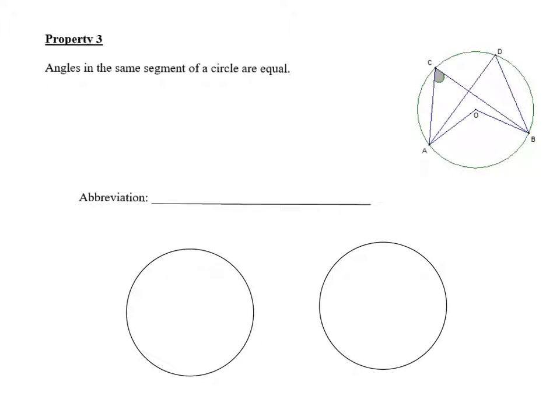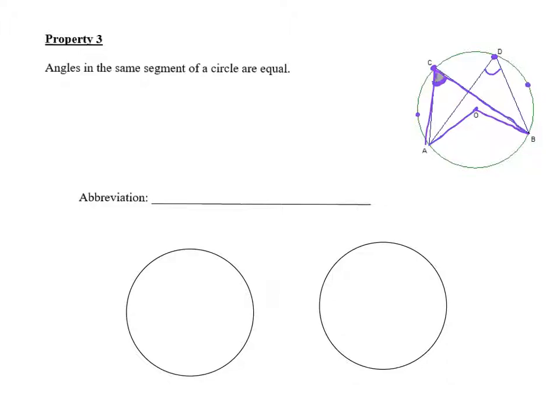Now we have learned from our first property, property number 1, that the angle at the center is always twice the angle at the circumference. Correct? So now if we were to have this angle over here, recall that if we were to switch this position to any side, anywhere along the circumference, all the angles will still stay the same.